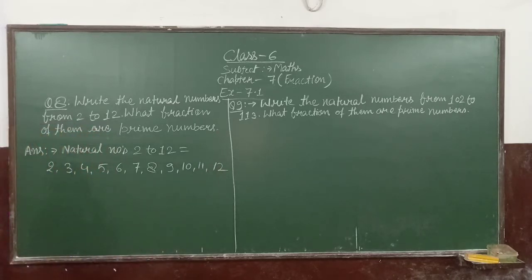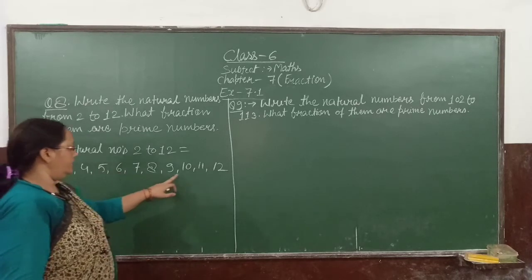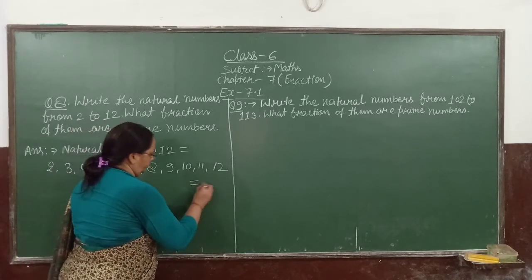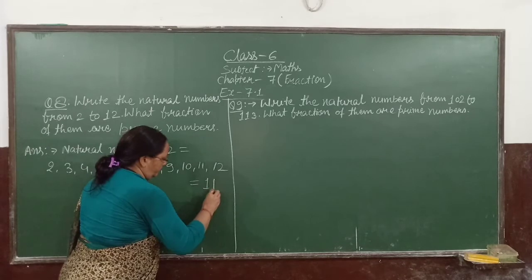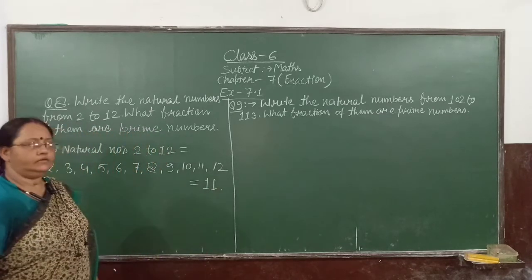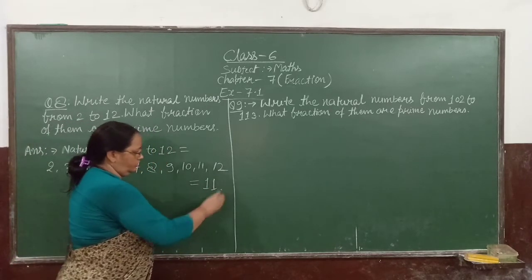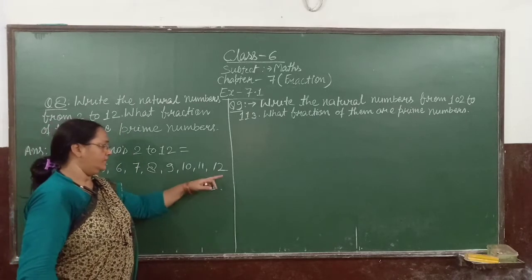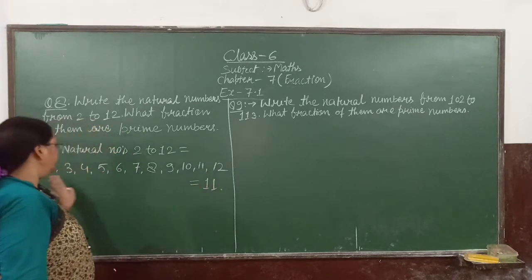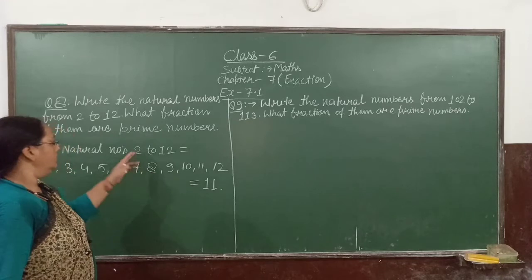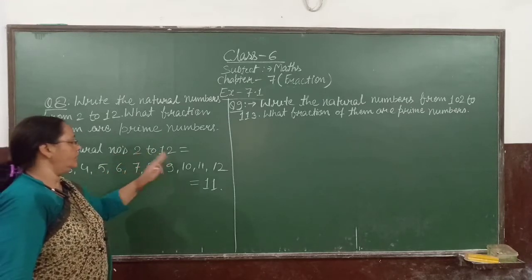How many numbers are there? 11. As you learned, a fraction is a part of a whole. This is the whole part, meaning 11 natural numbers are between 2 and 12.